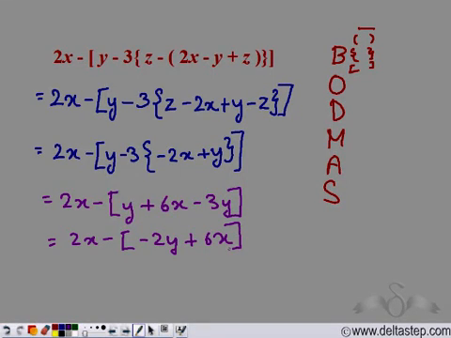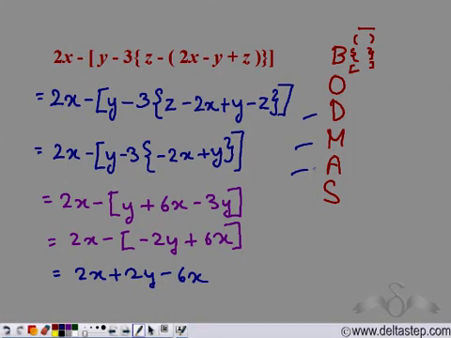Now we come to the square bracket. So this is the square bracket. We solve for this now. Now it is multiplied with a negative sign. So we change the sign of all the terms inside the bracket. So we write 2x plus 2y minus 6x.